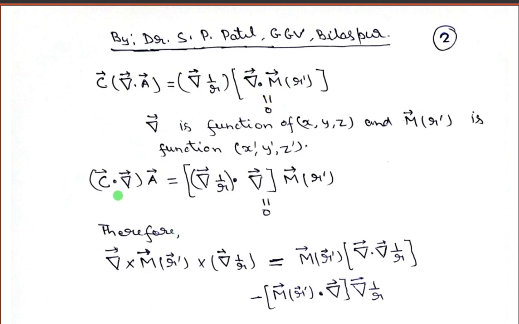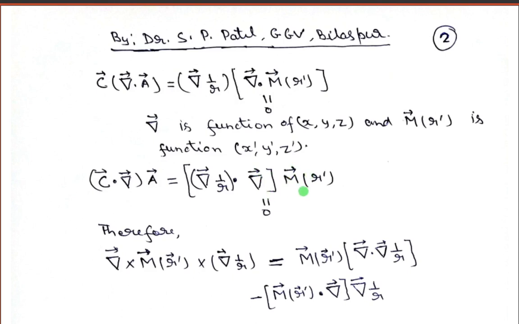Similarly, here c is equal to the gradient of 1 upon r, dot the del operator outside the bracket, and that is the m vector. First you have to take the dot product. This del operator, del upon del x, del upon del y, del upon del z, will not operate on this, but this will give the dot product. Then the del upon del x plus del upon del y plus del upon del z will operate on the prime coordinates, that is x prime, y prime, z prime.